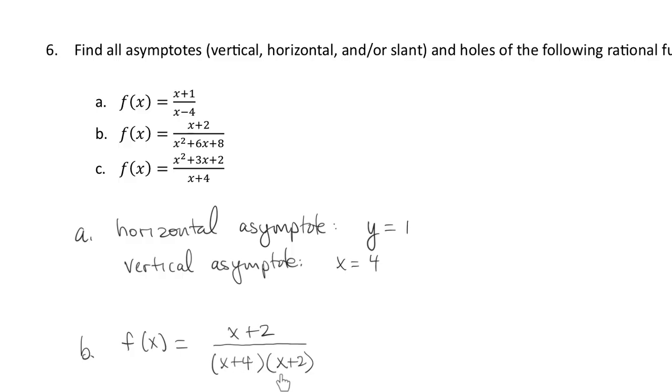Typically, if there are two factors in the denominator, that would result in two domain restrictions. X cannot equal -4, X cannot equal -2. However, this one's unique because this factor is the same as this factor. So the x plus 2 factors cancel out, leaving 1 over x plus 4.